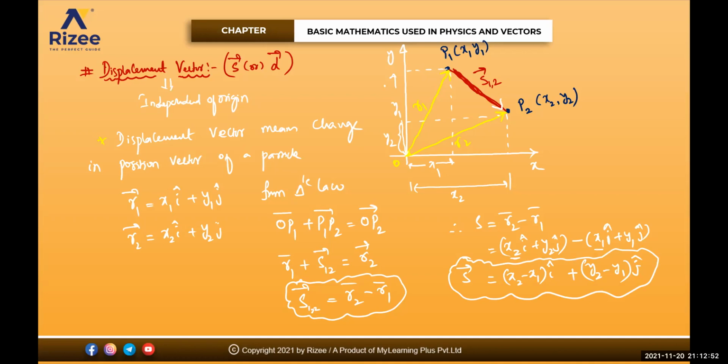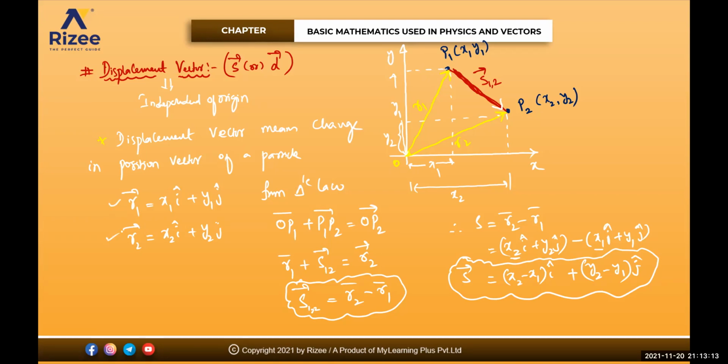Once again, what is the displacement vector, beta? Displacement vector is always independent of origin. Displacement vector means change in position vector. So what is initial position vector? OP1 is the first position vector and OP2 is the second position vector. So R1 is the first position vector, R2 is the second position vector.